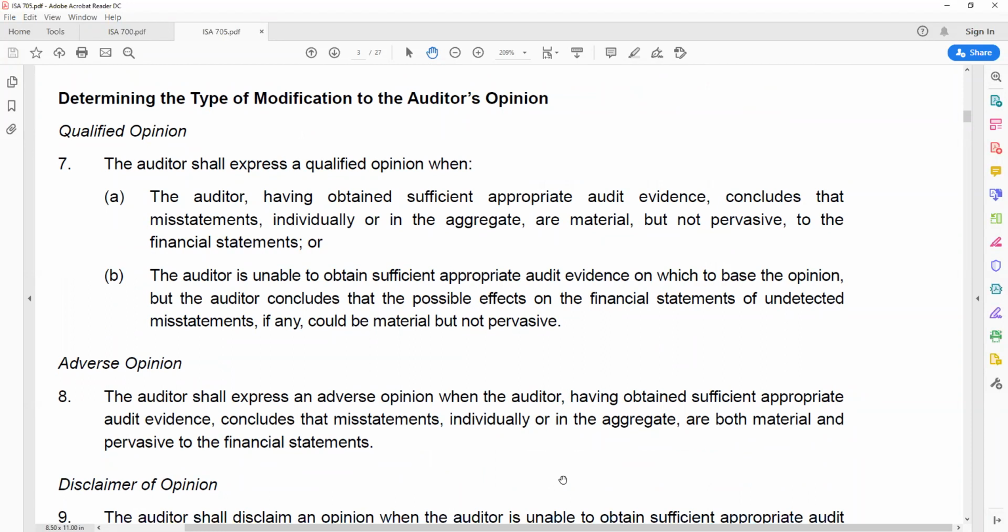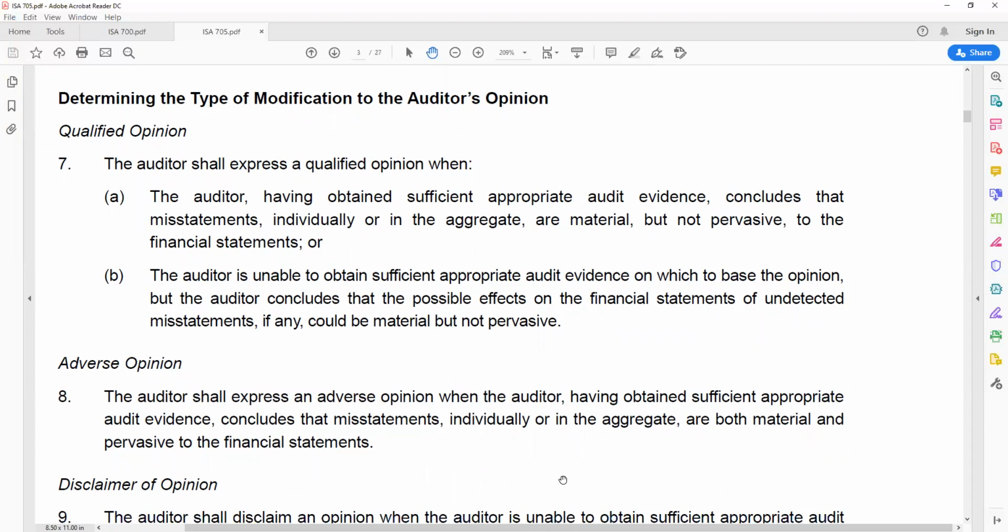The auditor shall express a qualified opinion when, 1, A, the auditor having obtained sufficient appropriate audit evidence concludes that the misstatement, no, that's point A, we have not done A, so we have done B. 7B. The auditor shall express a qualified opinion when the auditor is unable to obtain sufficient appropriate audit evidence on which to base the opinion. So we have just done 7B, from the slide we have just gone through.